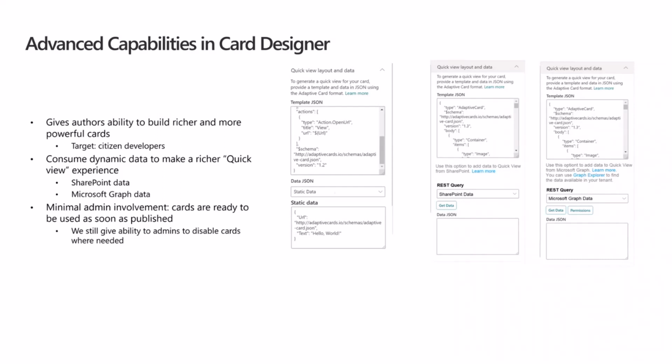The way it works is that, through the designer itself while the card gets configured, we give you the ability to select whether you want to access SharePoint data or Microsoft Graph data, and then we give you the opportunity to insert this data while building the views in the card itself.